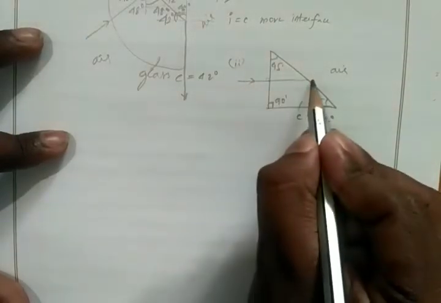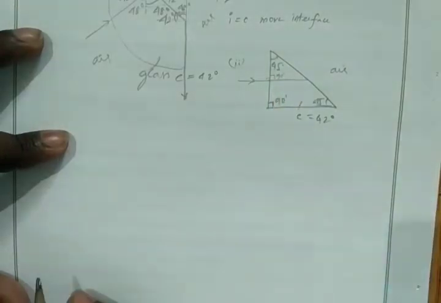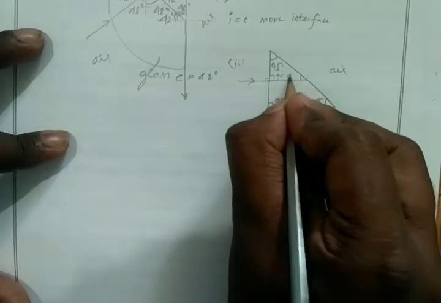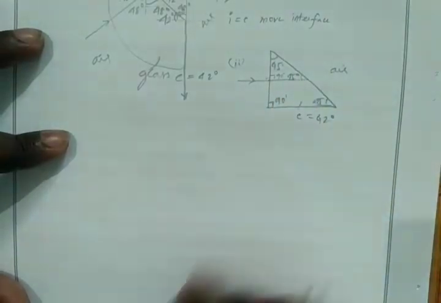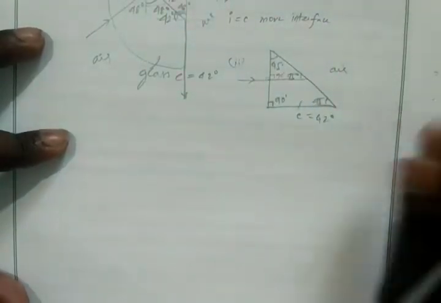This is our incident ray. Okay, so this angle will be 90 degrees. So 90 plus 45 is 135, and the remaining angle is also 45 degrees. You need not go for this angle, horizontal line and inclined line.